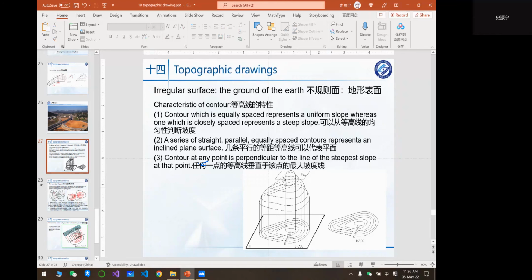Irregular surface. Usually, the mountains and rivers in the real world are not a regular surface. It is an irregular surface, and the contour line is not a regular curve. It is not a circle, and it is not a straight line, so it is an irregular curve.